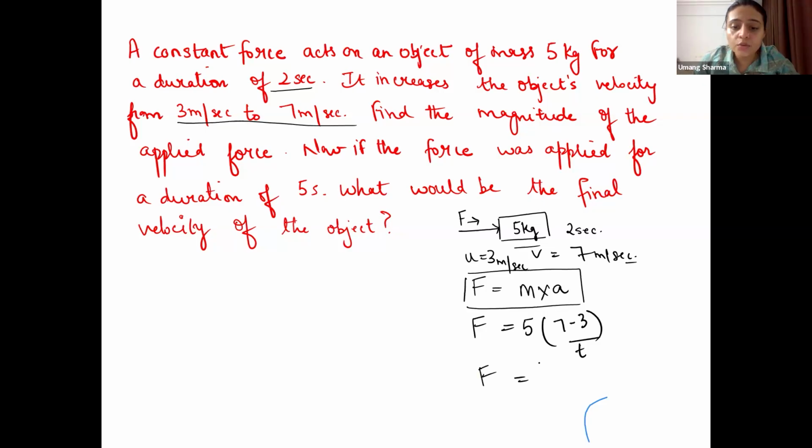Anybody has doubt in this one? Please let me know. What does the question say now? Okay. Question is not completed yet. You need to complete this one. Now, if the force was applied for a duration of 5 seconds more, so we are applying more force to move that object.